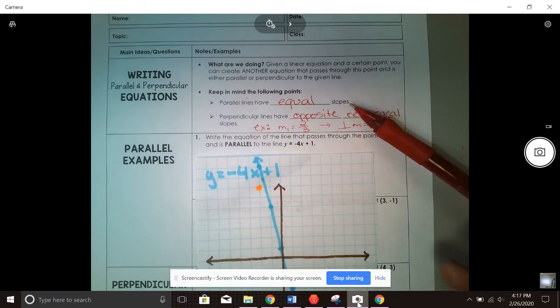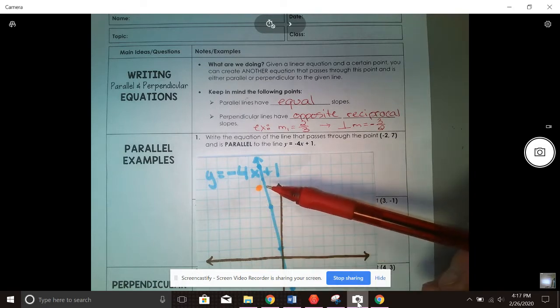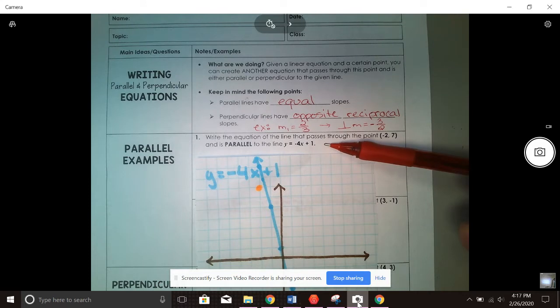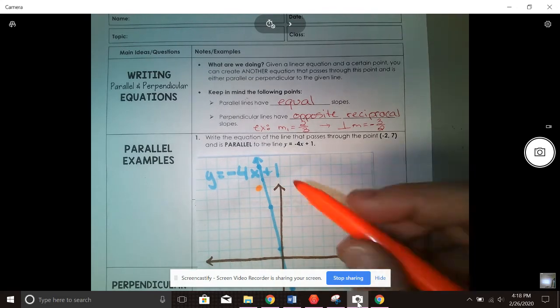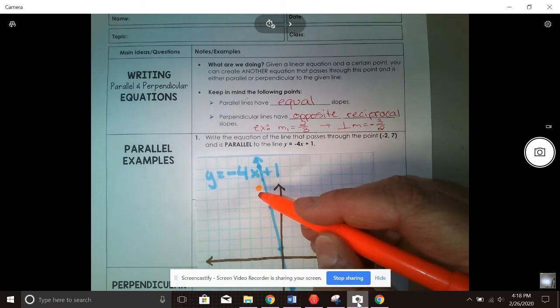So I'm going to use a slope that's the same as this graph's slope. The slope of the line they gave me is negative 4. So I'm going to graph a second line with the slope of negative 4, but it has to go through this point. I'm going to start right here at the point negative 2, 7.